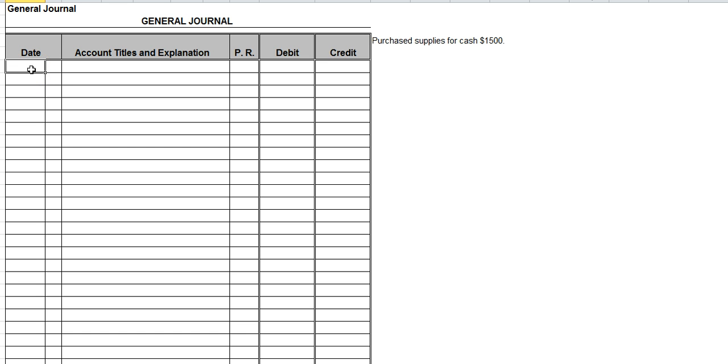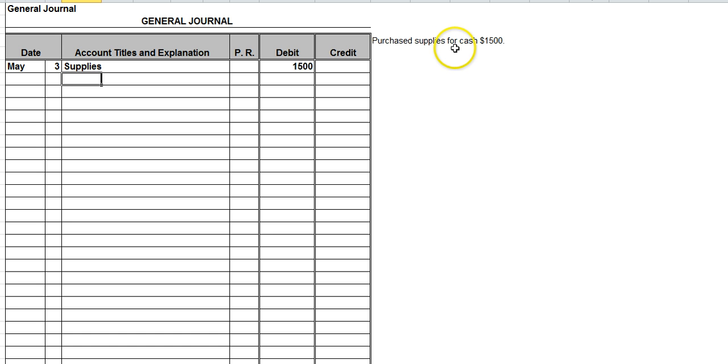We'll just say that it is May the 3rd. Just making this up, obviously, right? And we are going to record our account title, supplies. We're going to debit it for $1,500. So by doing this, I am increasing the supplies account by $1,500.